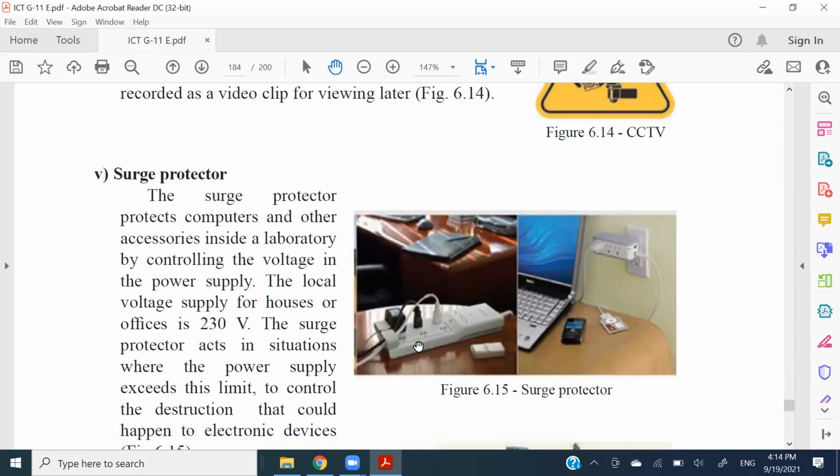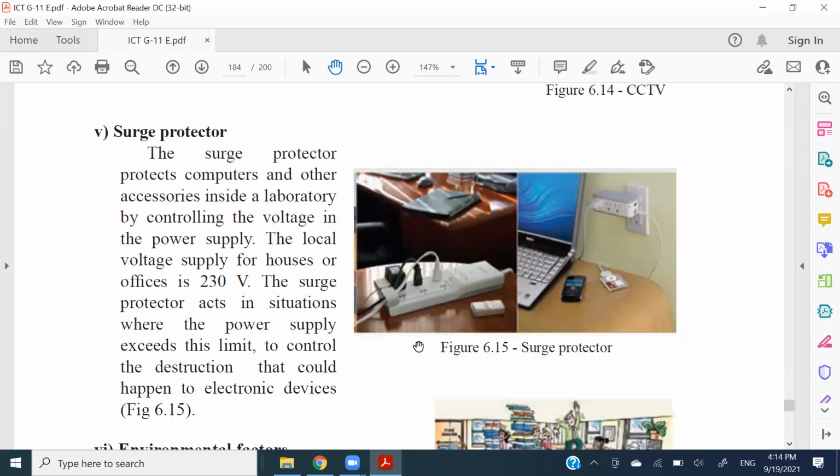And surge protectors. Now that is for high voltage problems, like due to lightning, or due to problems in the electricity grid, right? Sometimes you may receive a very big surge of electricity through your wall outlet, right? If you don't have a surge protector, it will directly hit the computer system, mainly the system unit.